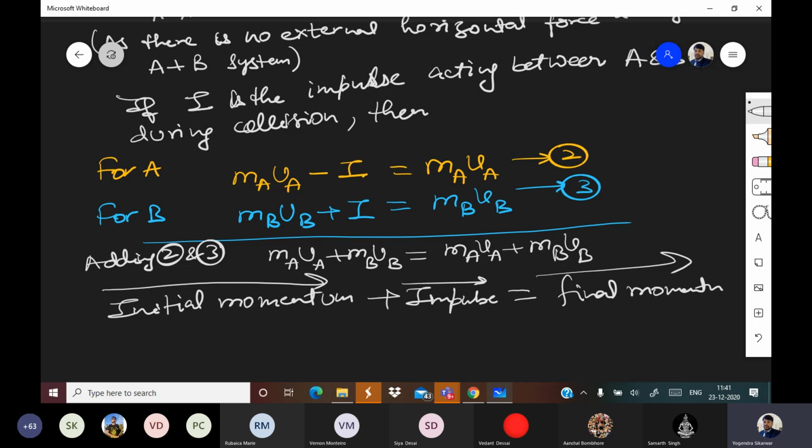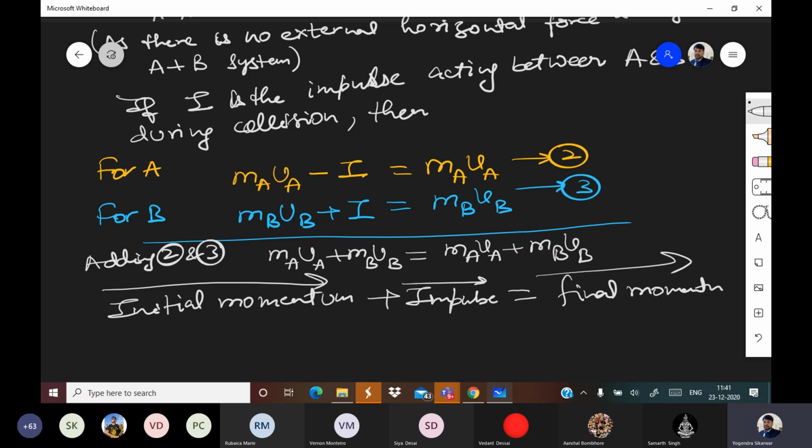When you apply LMC, that LMC comes through this process. What is the criteria to apply linear momentum conservation? That no external force should be acting on the system. Why do we say that?